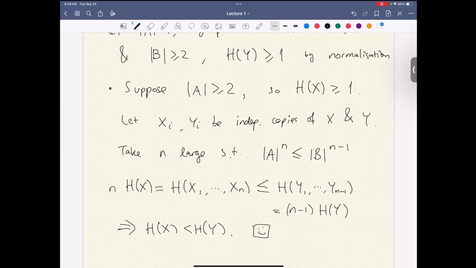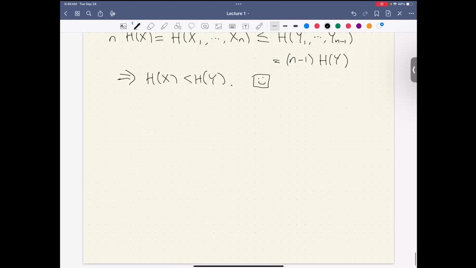How much time do we have? We have 15 minutes. Okay, so now here's another important property called non-negativity. We already mentioned that entropy assigns non-negative real values to a random variable. We sort of take it for granted.